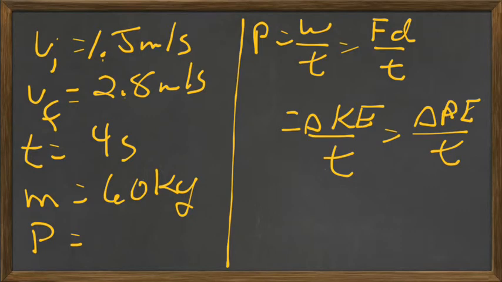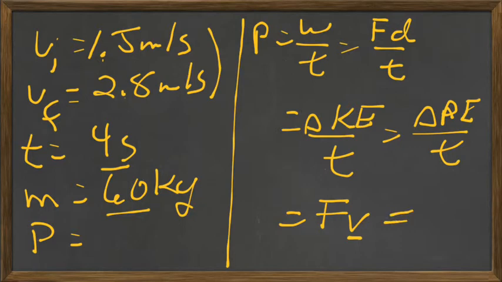So, P. Well, I am given some velocity information, but I'm given two different ones. I'm given a mass, and I'm given a time. So even though I have a velocity, they give me 2, and they give me a time value as well.